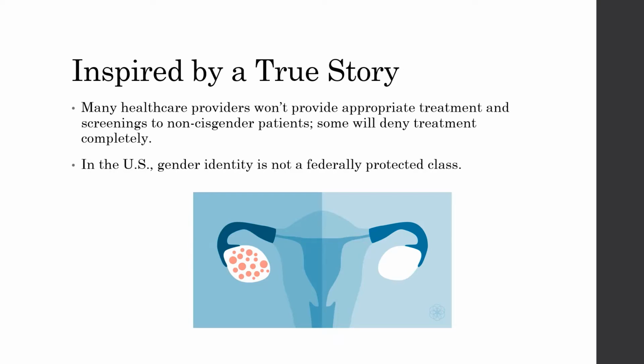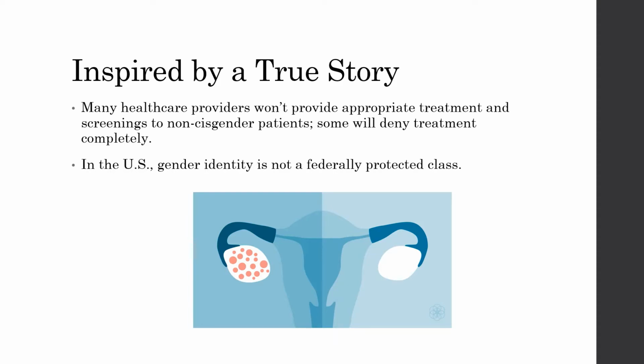And I attended a panel not too long ago in which a trans man mentioned that they had, it was either PCOS, polycystic ovarian syndrome, or uterine fibroids. I don't recall exactly what it was, but it was a very painful uterine condition, and he was simply being ignored for quite a long time.